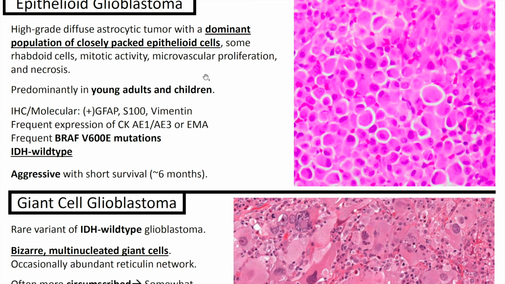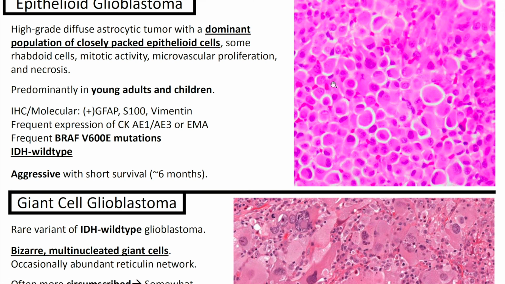So some of those variants that we mentioned. You can have an epithelioid glioblastoma, which is going to be a high-grade diffuse astrocytic tumor with a dominant population of closely packed epithelioid cells, which is what we see here, with some rhabdoid cells, mitotic activity, microvascular proliferation, and necrosis. And this is predominantly going to occur in young adults and children.